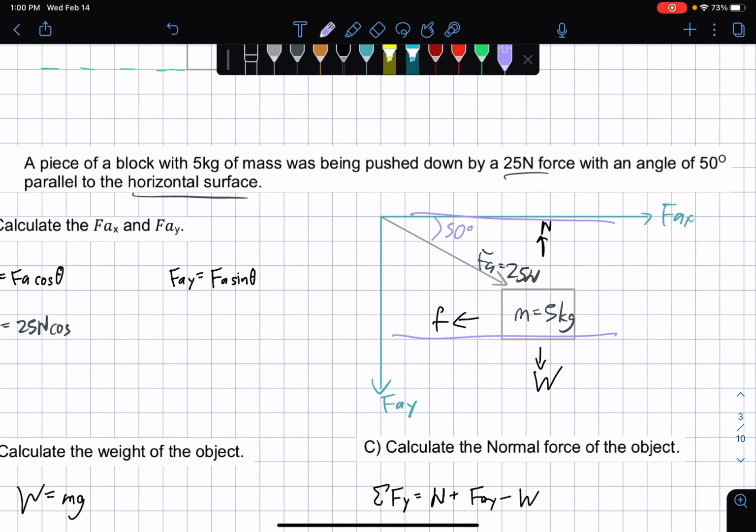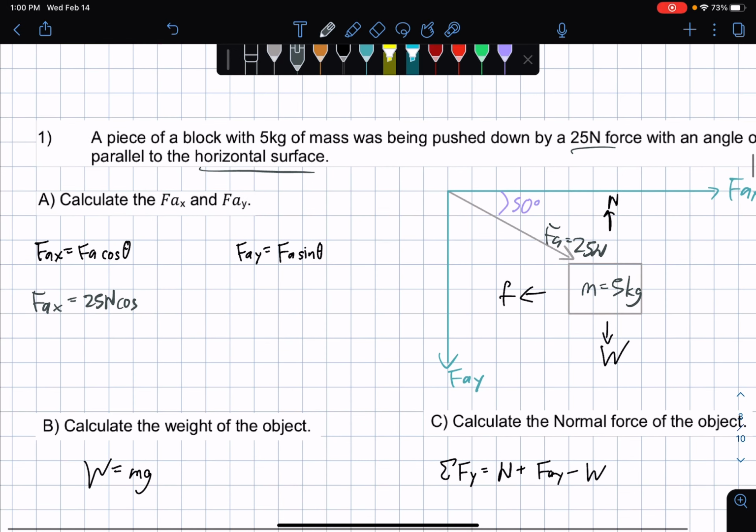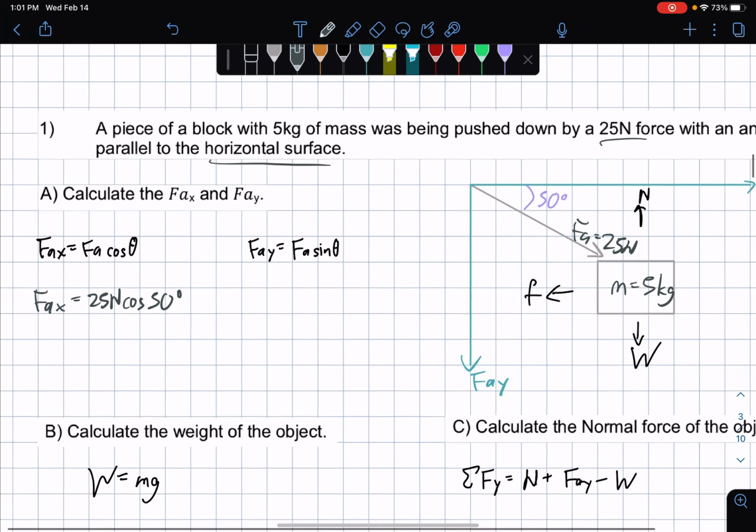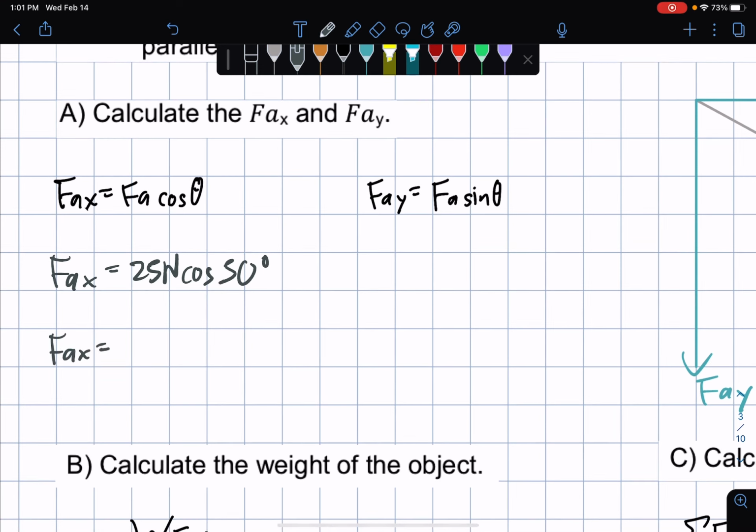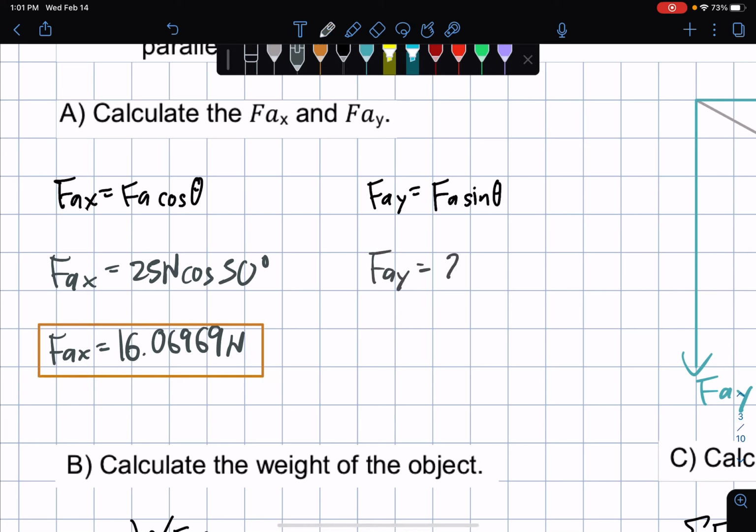So these two lines are parallel. So 50 degrees. FAX is equal to 25 cosine 50. So we have 16.06969 newtons. FAY is equal to 25 newtons sine 50 degrees.